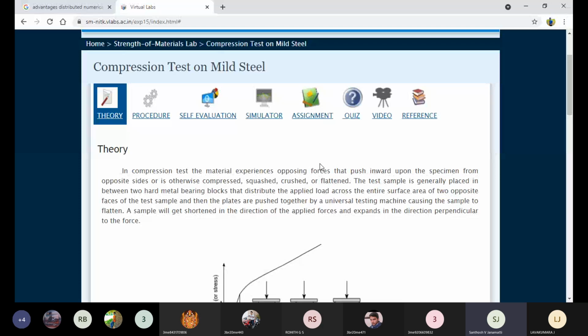I think we got the theoretical information, procedures, as well as some technical information regarding the tensile test.